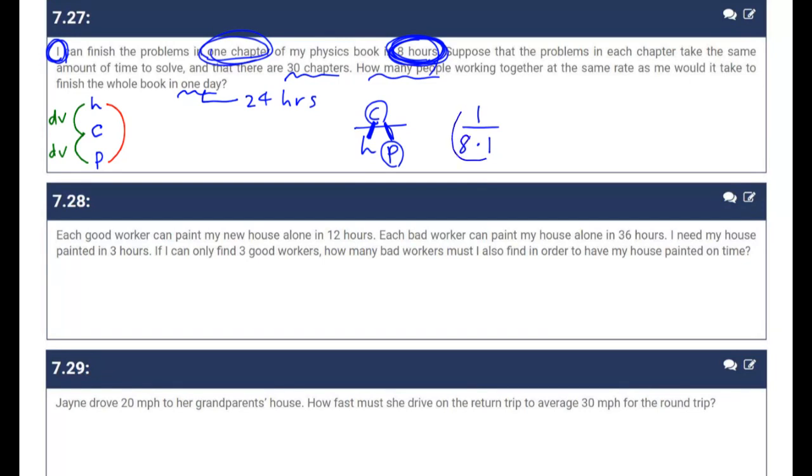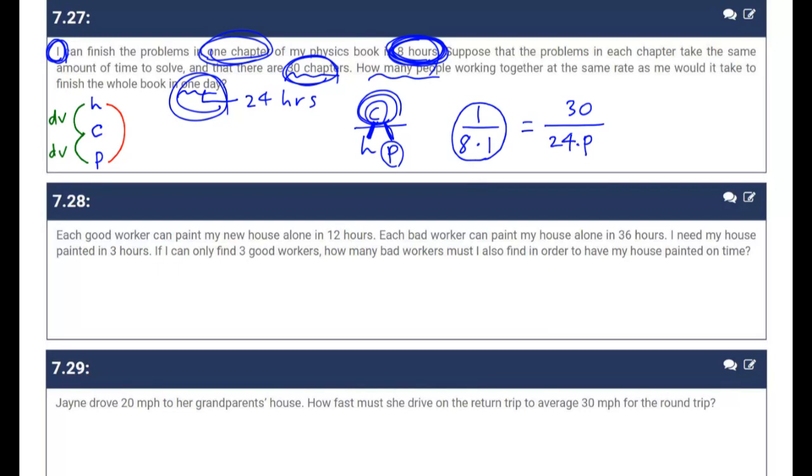So this ratio should still remain the same, and that should equal, now I have 30 chapters to finish, which is on the top, 30 chapters. And how many people do we need? So P is something we have to find, and the time given to us is 24 hours, which is 1 day, right?